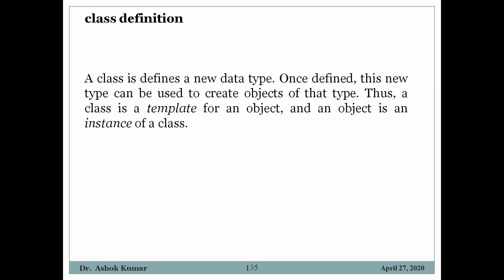And we use a class basically to represent entities. So what an entity actually is, we are going to discuss that first. Then we will come to how we can represent entities in Java.